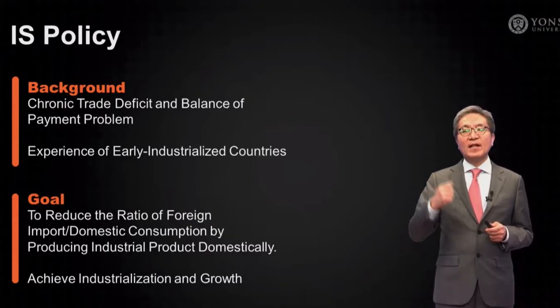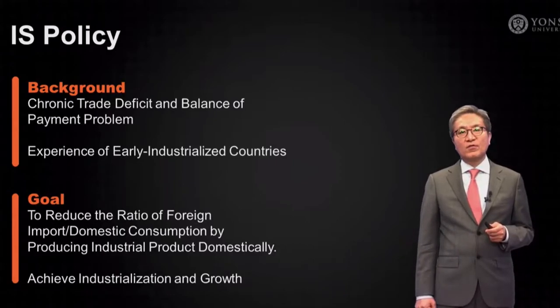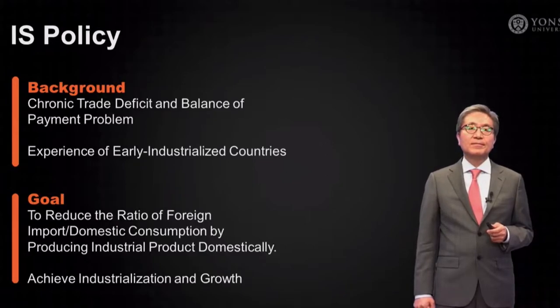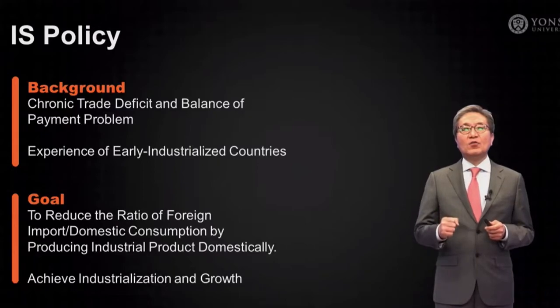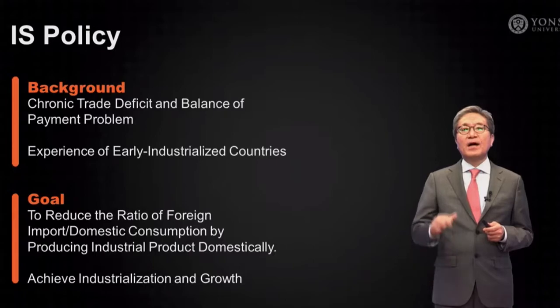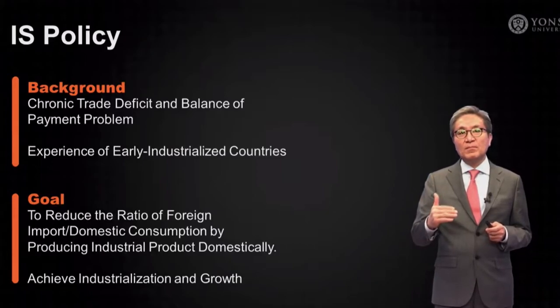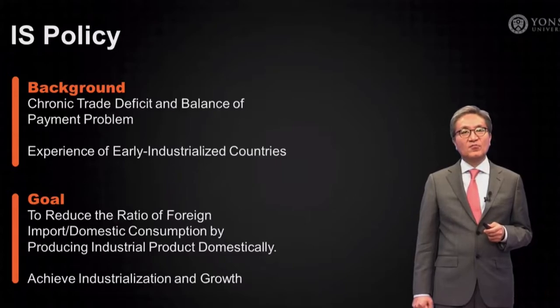And because we had to rely on imports from foreign countries, our balance of payments situation got worse and worse. And we had to correct this balance of payments problem by reducing our dependence on imports. In order to reduce our dependence on imports, we had to produce industrial products domestically.